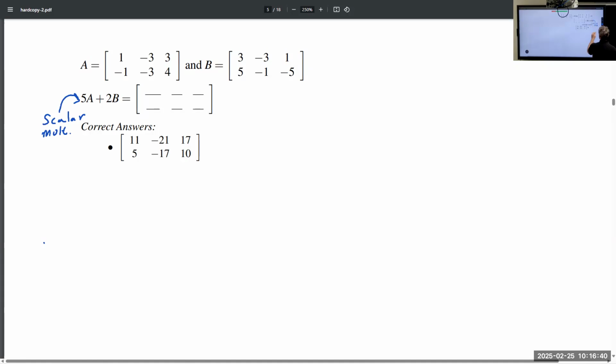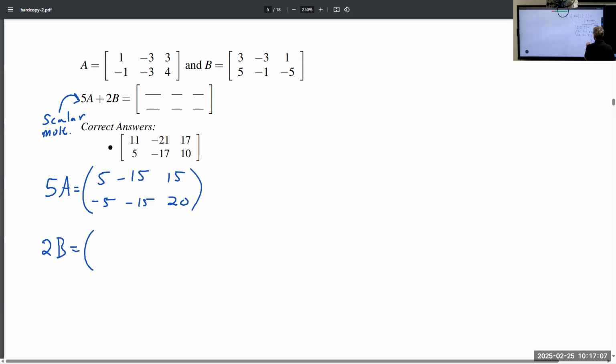So for instance, 5A, every entry in A will be multiplied by 5. So everybody gets multiplied by 5. And that works pretty much exactly like you think it would. Not super sophisticated. And then 2B, everybody in B is going to get multiplied by 2.